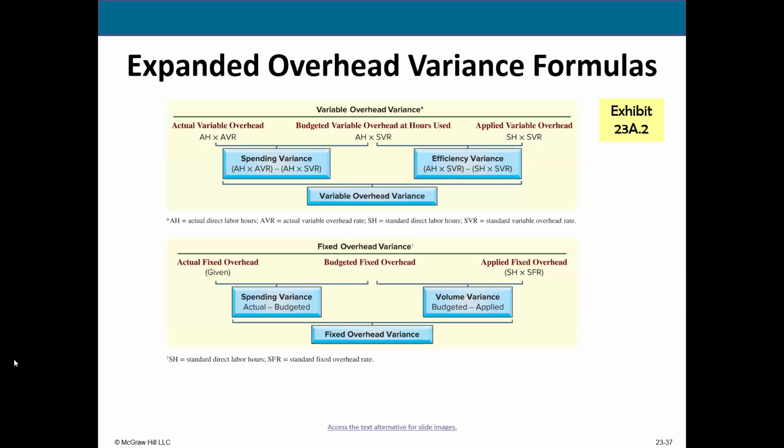And we can compute our spending variance and efficiency variances using the same exact formulas that we explained earlier on. So your actual rate times your actual, the standard rate times the standard, and then of course the difference, taking the actual times the standard. Then we simply subtract those out and we get our total variable overhead variance and fixed overhead variance, respectively.